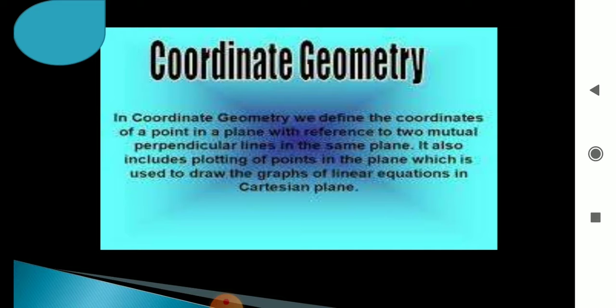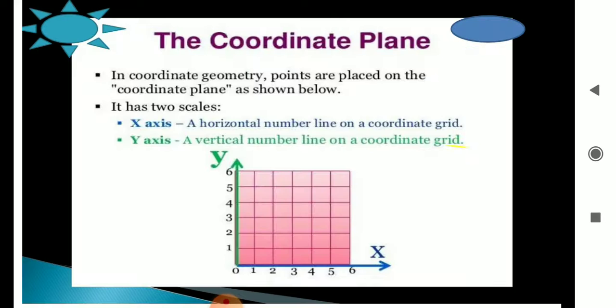Suppose that you want to represent any point. So what we are doing, we are drawing the perpendicular line from the x-axis and the perpendicular line from the y-axis. The coordinate plane. In coordinate geometry, points are placed on the coordinate plane as shown below.